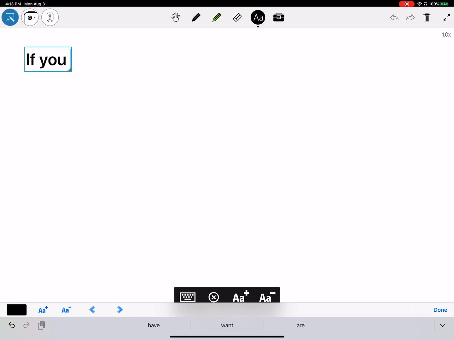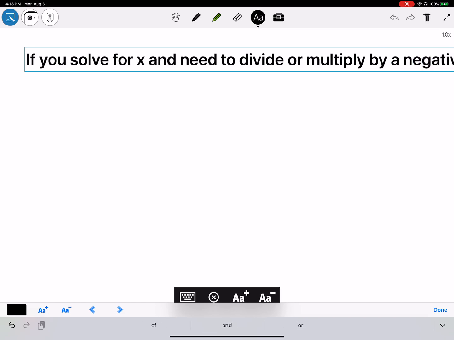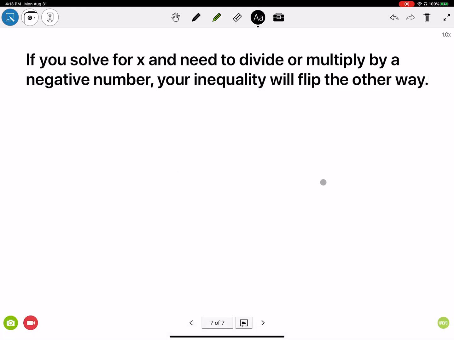If you solve for x and need to divide or multiply by a negative number, your inequality will flip the other way. So just like earlier, it said less than originally, it became greater than.